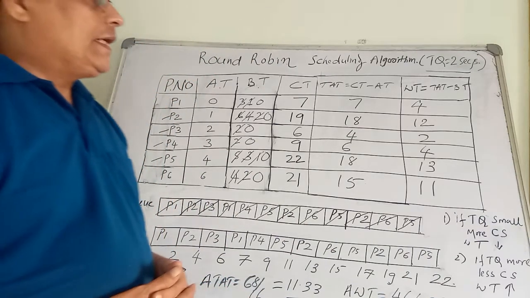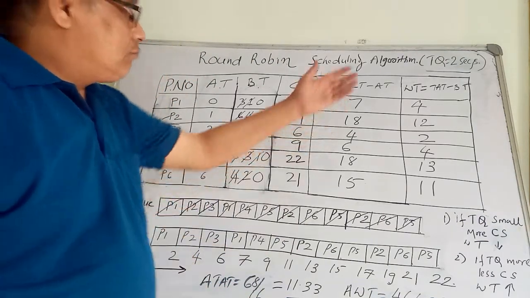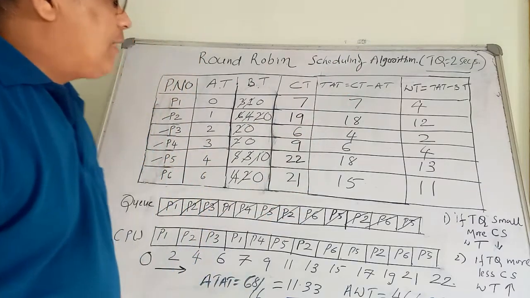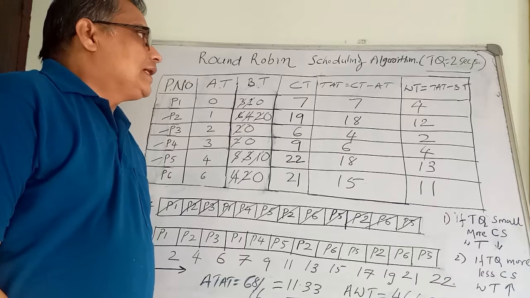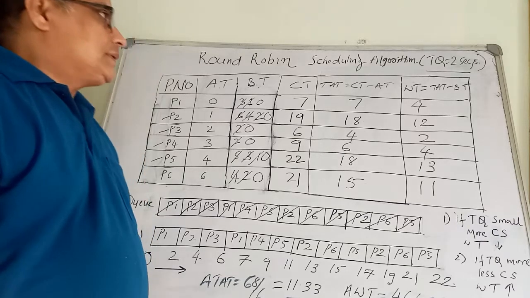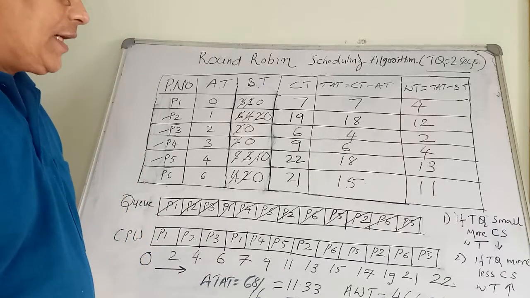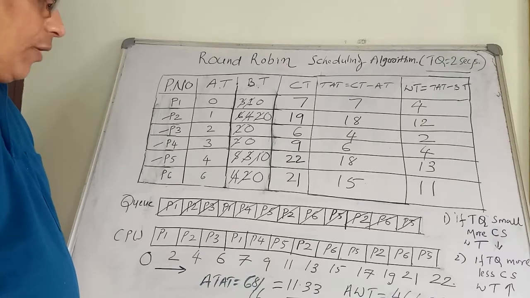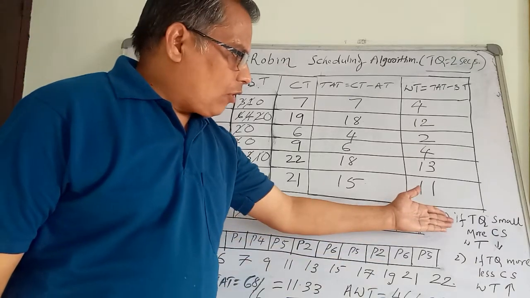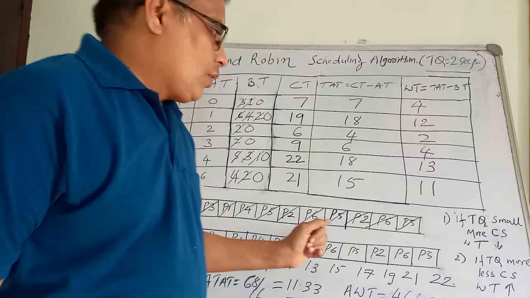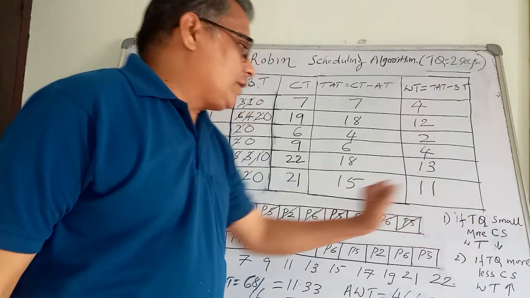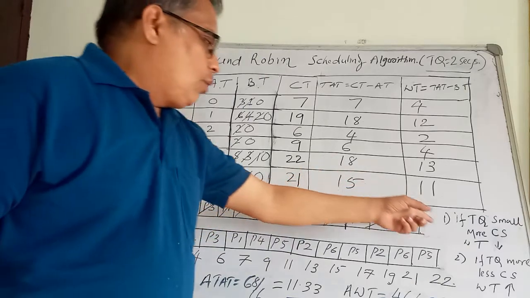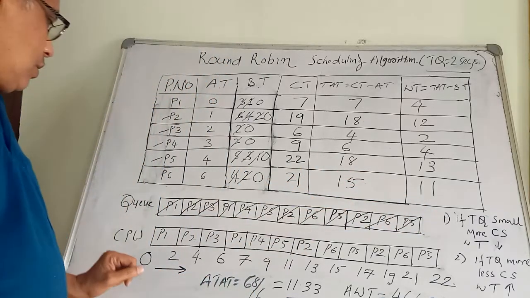And one more thing you must be thinking: the time quantum we have taken is 2 seconds. It all depends on the programmers or developers and the CPU perspective, right? So what happens if time quantum is small? Then you are going to have more context switches. What do you mean by context switch?